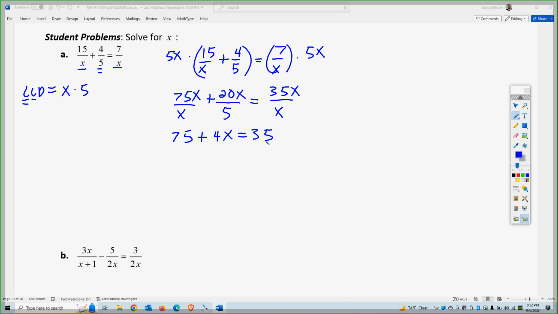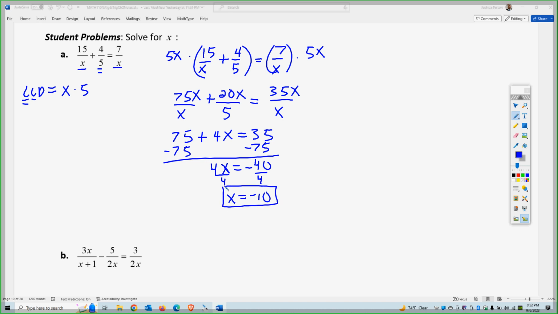So if I subtract 75, right, I'm going to get 4x equals negative 40. If I divide by 4, I get x is equal to negative 10. Does that fit in there? Yeah, because if I plug in negative 10, that's not 0 on the bottom, so that'll work. Okay, so that's a monomial example.